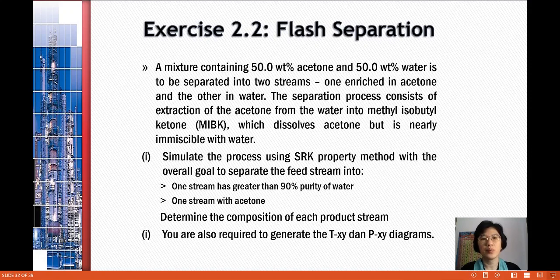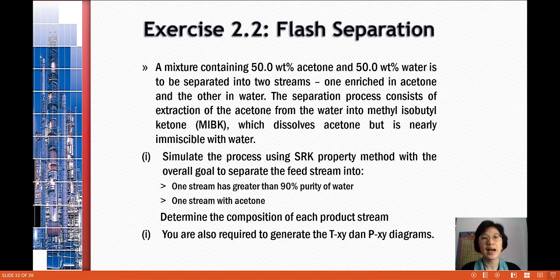Okay. So what you need to do is first simulate the process using the SRK property method, with the overall goal to separate the feed stream into, as we mentioned earlier, one stream enriched in water, where possibly the purity of the water must be more than 90%.